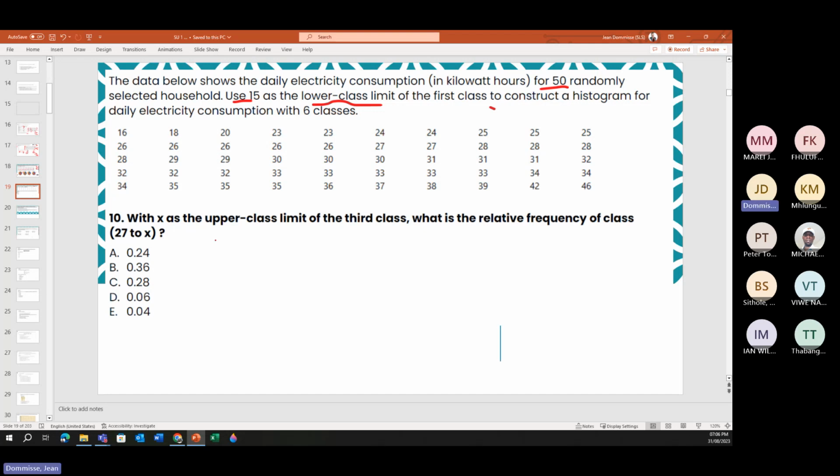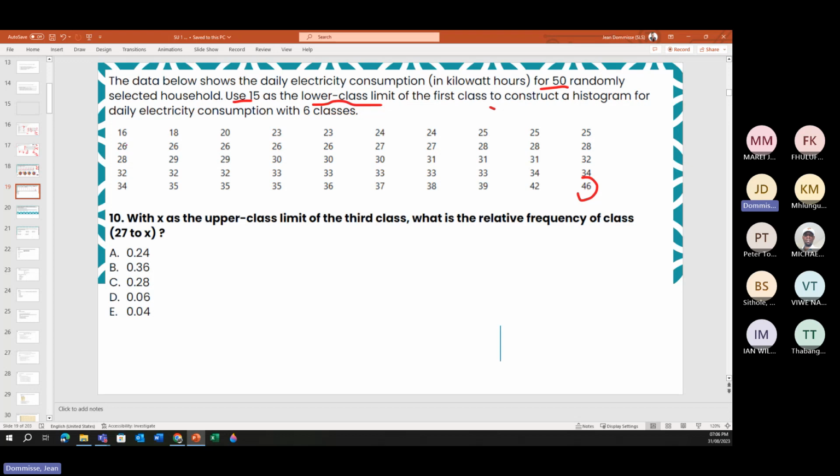Okay, so this was an interesting one. So 6 classes, with 15 as the lowest. What I would have done is to say, what's your top one?